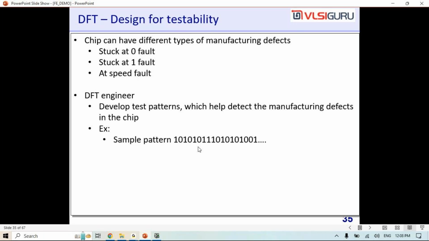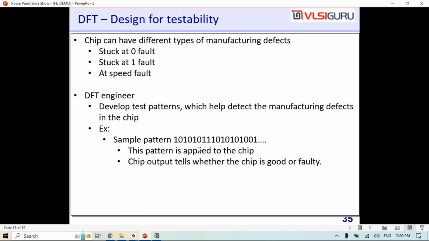No, there is a process he follows. This pattern is applied to the chip. The chip output tells whether the chip is good or faulty. I apply this pattern, check whatever output I get, and say it's good or it's faulty.